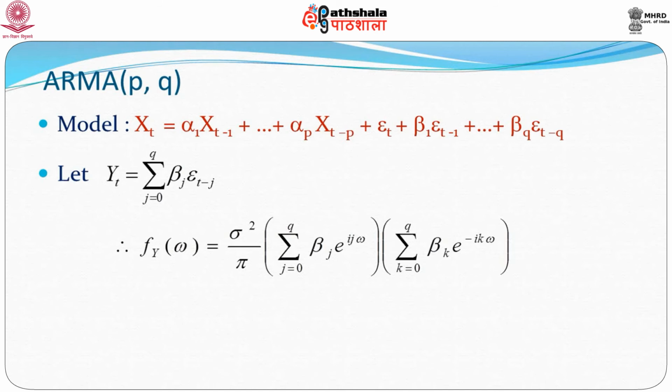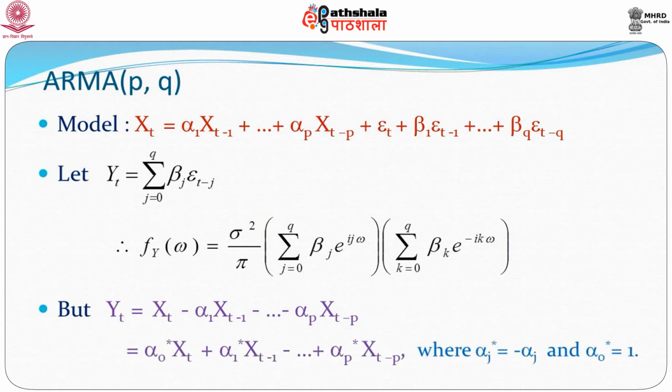So these two terms into the spectral density function of the innovation, that is sigma square by pi, gives us f_y(omega). On the other hand, if you substitute y_t in the model, that is if you write y_t instead of epsilon_t plus beta_1 epsilon_{t-1} etc., then you can see that y_t is equal to x_t minus alpha_1 x_{t-1} up to alpha_p x_{t-p}.